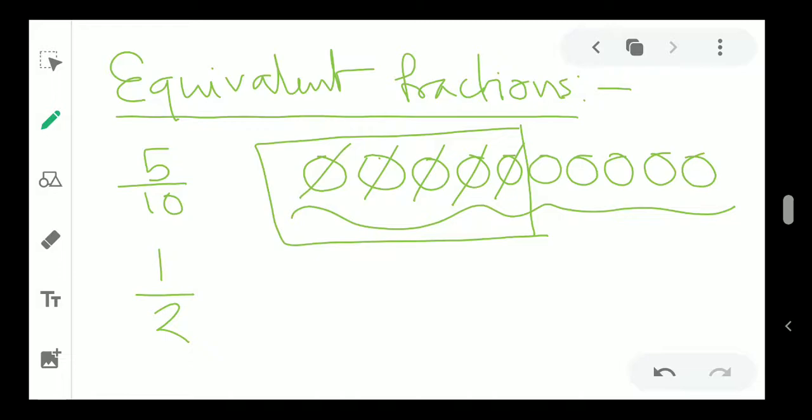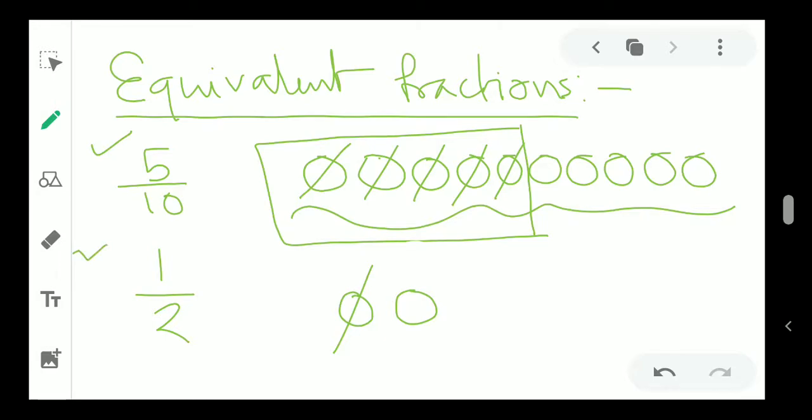That means if you have a whole big chocolate, and half portion you have eaten, this situation and that situation resemble the same kind of situation. If you have 10 chocolates and 5 chocolates you have given to someone, then also this 5 by 10 situation will be there. And if you have 2 chocolates and out of that 1 chocolate you have given to someone, then it resembles this half situation.